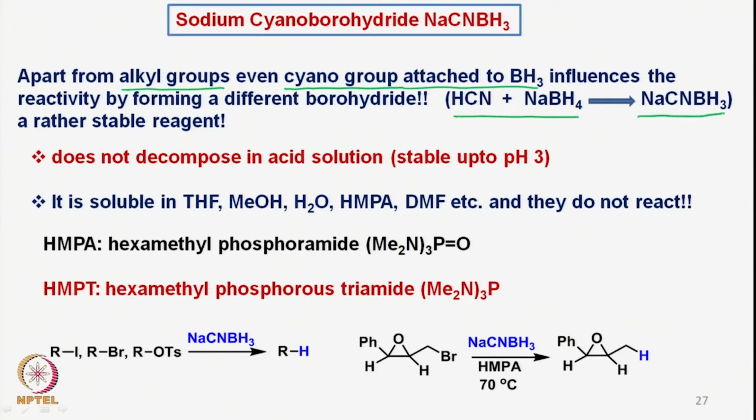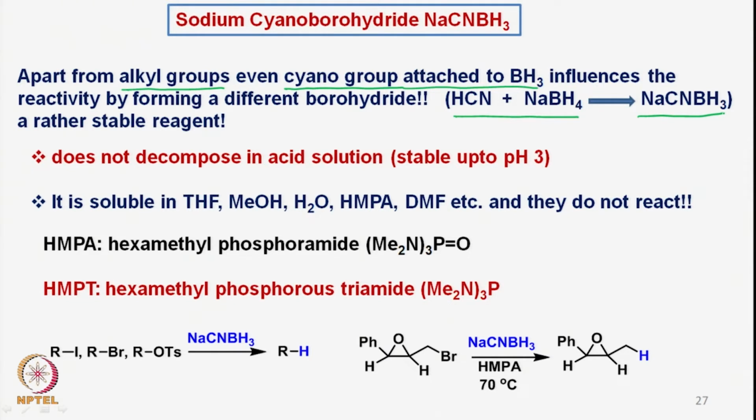So, what is the purpose of such a reagent? That is something that we need to understand. Sodium borohydride is obviously the simplest reducing agent, and it reacts with carbonyl compounds readily because it is ionic, in methanolic or ethanolic solutions.